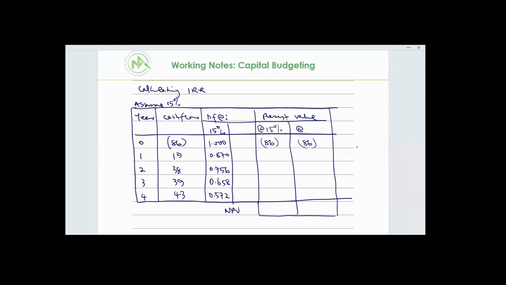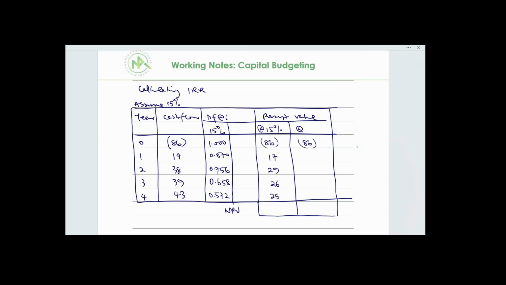So let's multiply. 19 multiplied by 0.87 gives 16.5, that's 17. 38 multiplied by 0.756 is 29. 39 multiplied by 0.658 is 26. 43 multiplied by 0.572 is 25.